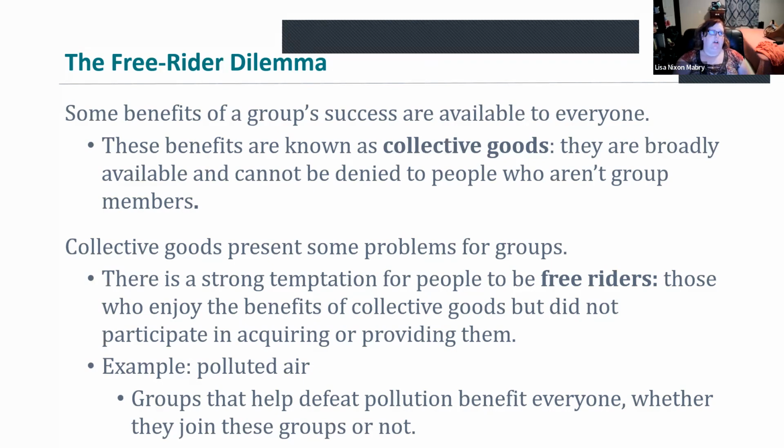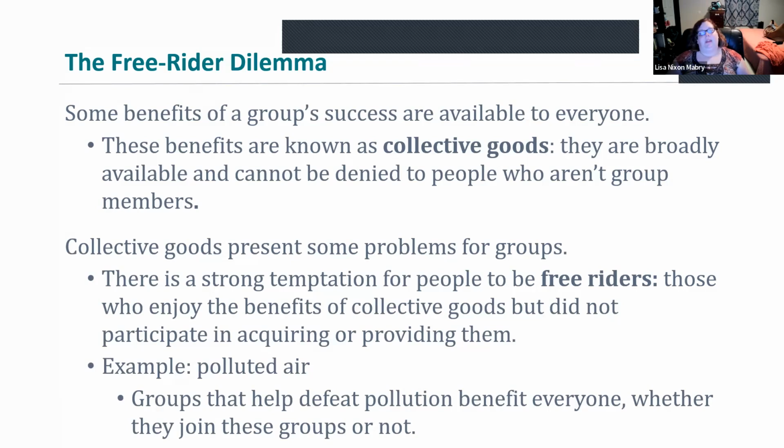So there are benefits to being members of interest groups, to being involved in interest groups. And of course, that varies depending on what the group is as to what benefits are given to members and to the general public. So the first thing that your book talks about is collective goods, benefits sought by groups that are broadly available and cannot be denied to non-members.